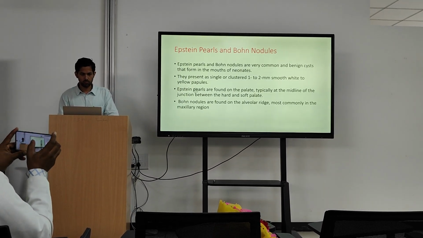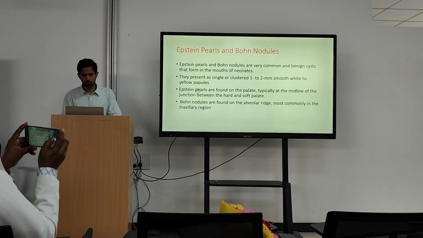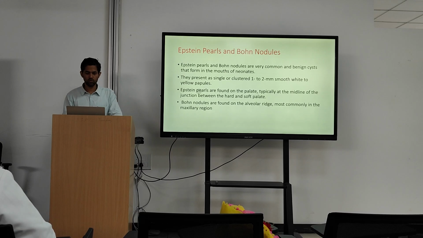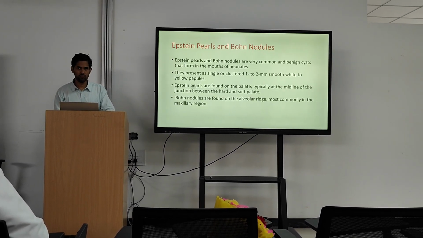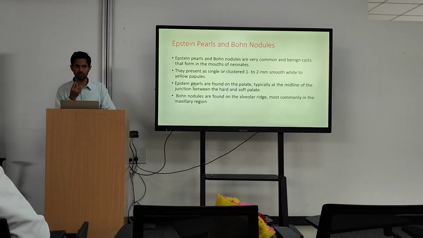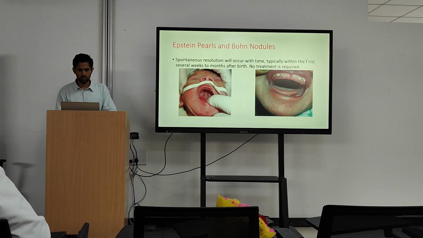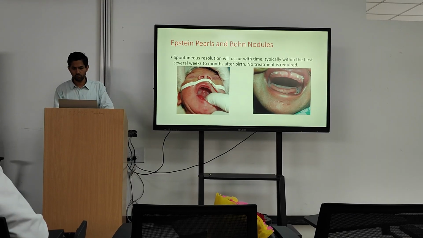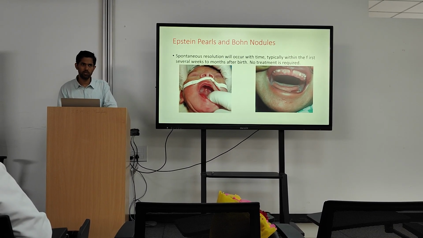Epstein pearls are found on the palate, typically at the midline junction between the hard and soft palate. Bohn nodules are found on the alveolar region, most commonly in the maxillary region. Sometimes we tend to confuse them with neonatal teeth from the bone. Spontaneous resolution will occur with time, typically within the first several weeks to months after birth. No treatment is required.